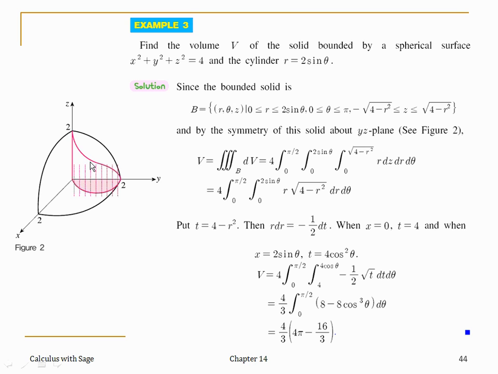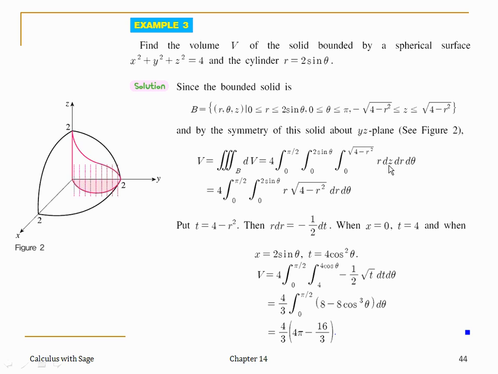This object is obtained by the integration dr dz d theta, which is the interpretation of dx dy dz, and z should be from 0 to the square root of 4 minus r squared. That's done. And r from 0 to 2 sine theta, and theta, for this first octant, from 0 to pi over 2. So this is what we have.